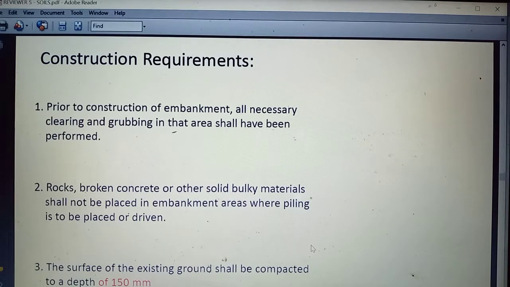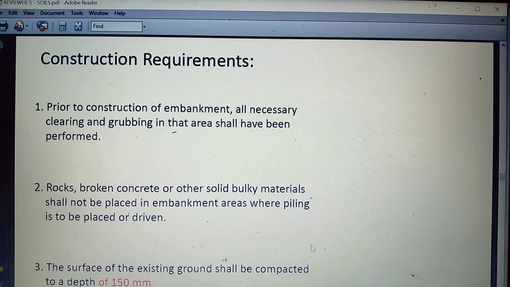So, these are the construction requirements ng embankment. Prior to construction of embankment, all necessary clearing and grubbing in that area shall have been performed. Rocks, broken concrete, or other solid bulky materials shall not be placed in embankment areas where piling is to be placed or driven.